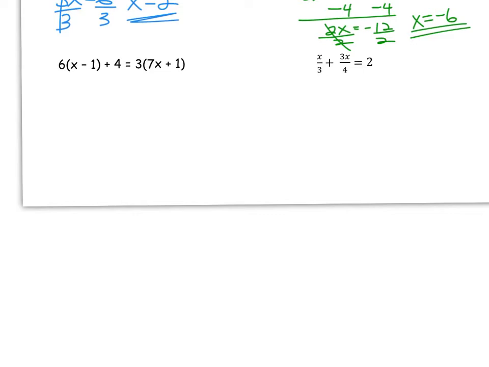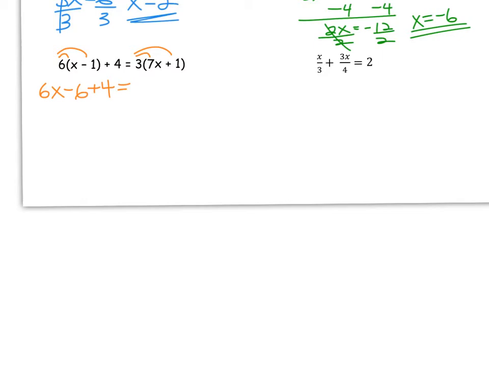We'll have equations that are more complex, like the bottom two. 6 times x minus 1 plus 4 equals 3 times 7x plus 1 on the right-hand side. Now, in order to solve this, even though we think to use PEMDAS backwards, we do need to eliminate the parentheses and try to combine like terms, which means we'll distribute the 6 on the left-hand side and the 3 on the right-hand side. 6 times x would be 6x, minus 6 times 1 is 6, and then we have plus 4.